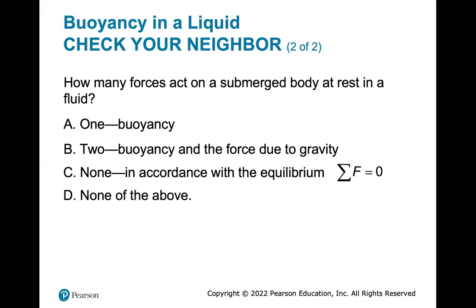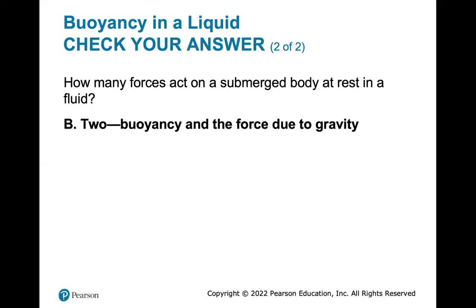Well, it didn't ask anything about the net force, so we can dismiss C. And there are 2 forces. There is the force due to gravity, and there is the buoyant force. So it's B. There you go, buoyancy and the force due to gravity. You don't lose gravity once you put something in a fluid.